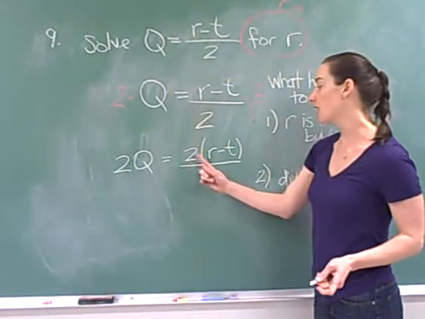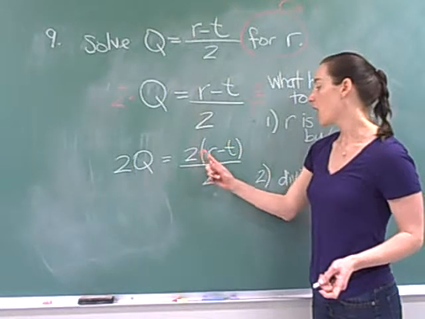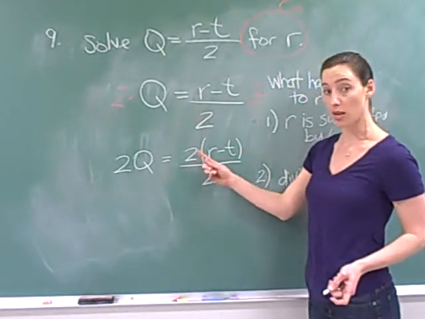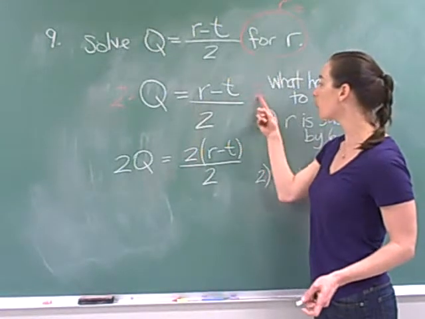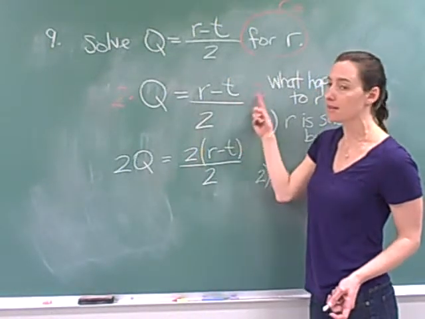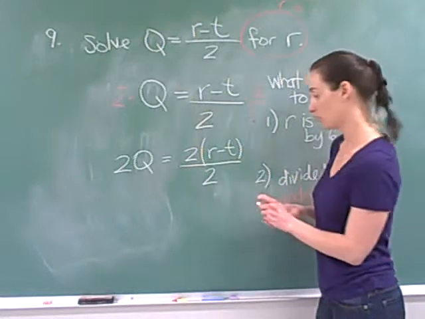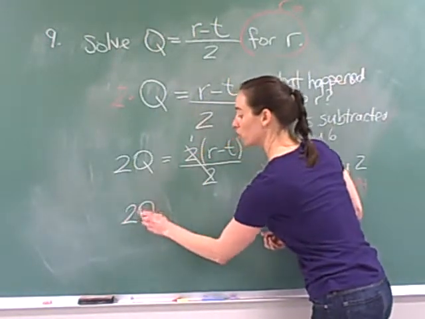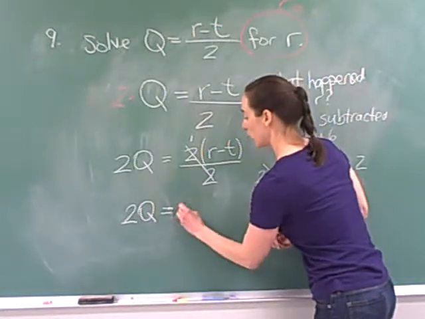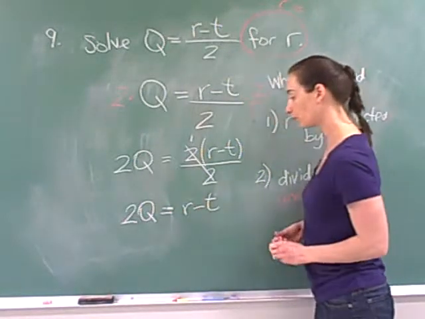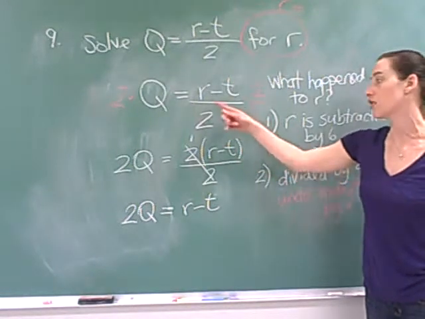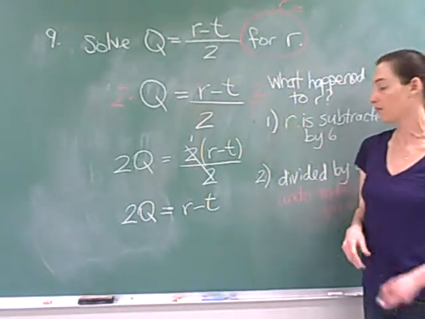But we can see that the 2 in the numerator and this 2 in the denominator are going to divide to 1. So in essence, multiplying by 2 undoes this division by 2. I'm left with 2 times Q equals R minus T. So essentially, we undid the division by 2 using multiplication.